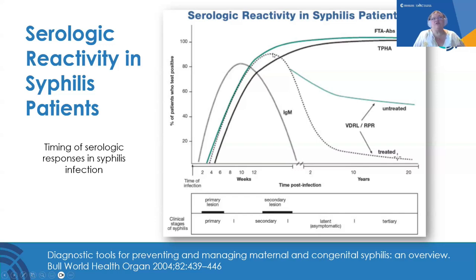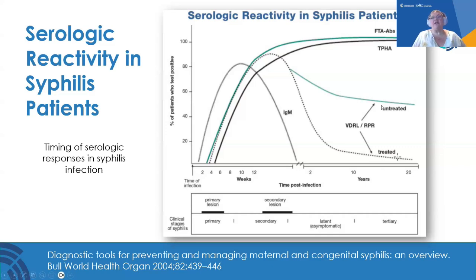And then if it's treated, that's great. It almost goes down to non-reactive or a low titer. But even if it's not treated, do y'all see how some patients, about 40% of patients who've never been treated, are going to be missed because it's gone back to non-reactive, and you're missing all of these patients that were never treated.